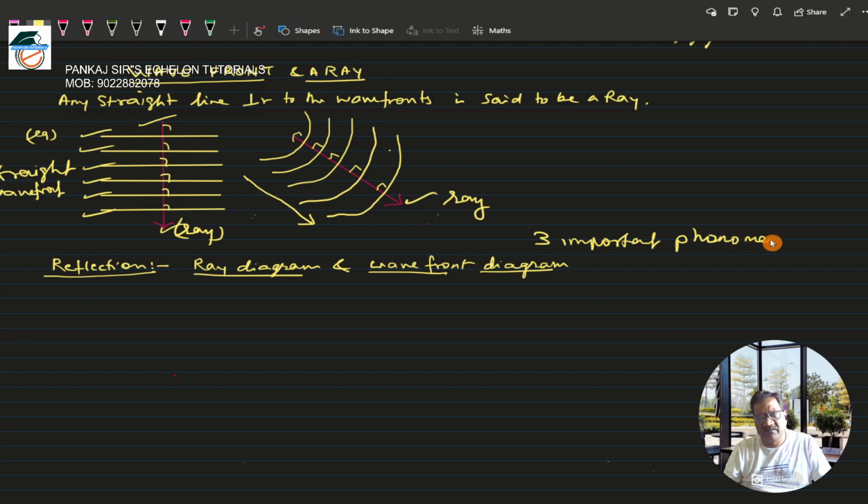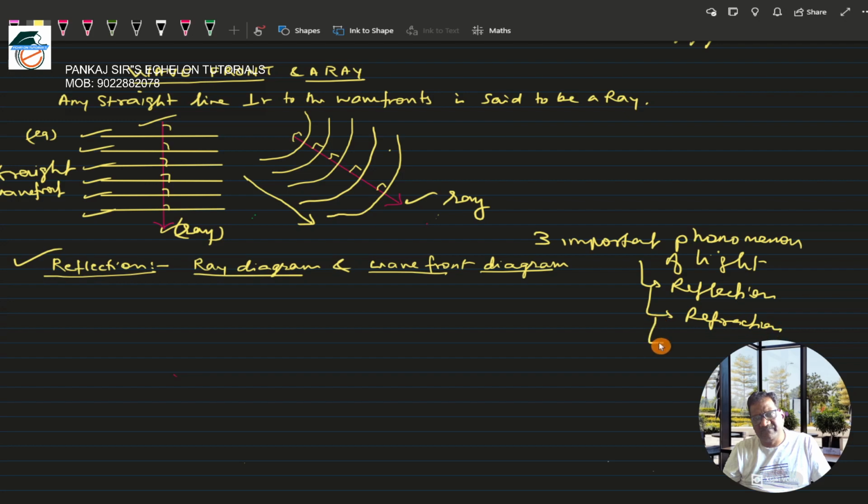There are many phenomena of light, but we are going to study these three: reflection, refraction, and diffraction.